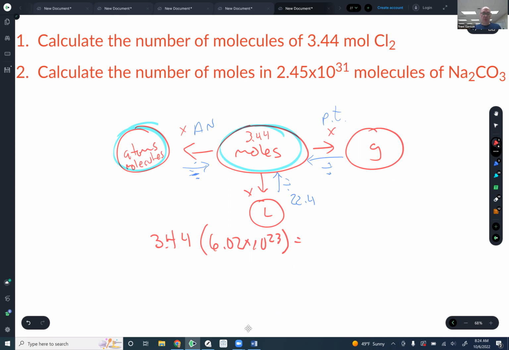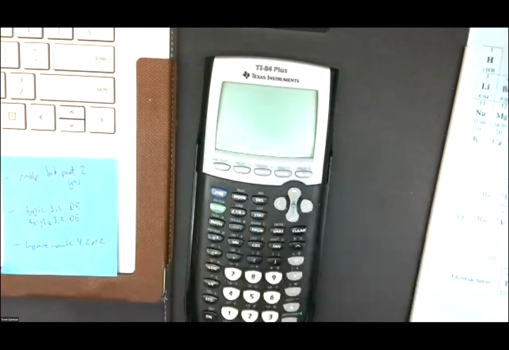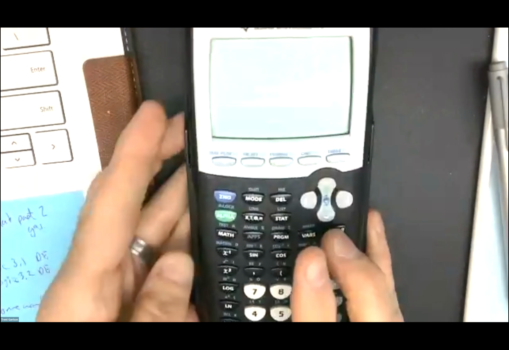Now I'm going to change my camera so that you can actually watch me get my calculations correct. I'm going to stop sharing so that you can see it. I'm going to bring this down so that you can see what I'm pushing and what the values are.